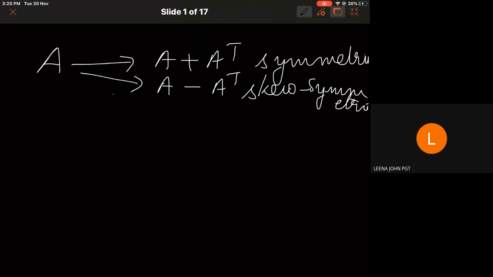So by keeping this in mind, you can say that any matrix A can be written as the sum of a symmetric and a skew symmetric matrix.